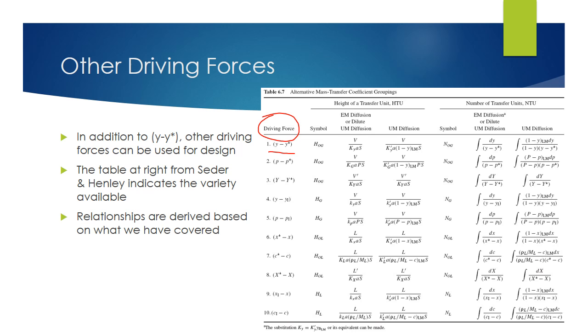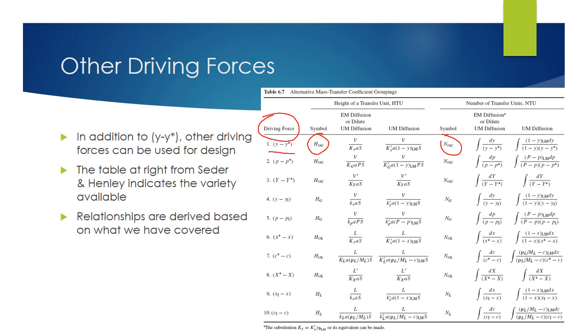So we're assuming that mass transfer is limited by the rate of what's happening in the vapor phase, and we're using a driving force based on the equilibrium composition, the y star value. HOG is the height of a transfer unit that goes along with that, and NOG is the number of transfer units that goes with it.